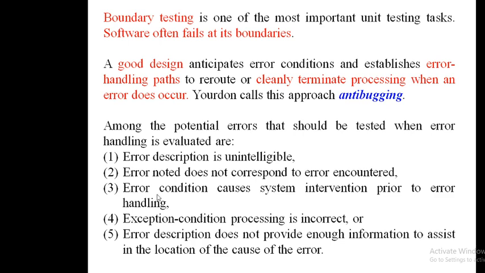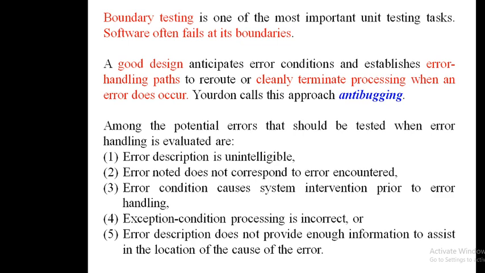Third, the error condition causes system intervention prior to error handling. Fourth, exception condition processing is incorrect. Fifth, the error description does not provide enough information to assist in locating the cause of the error. So these are the five points which evaluate error handling. These are the concepts of unit testing.